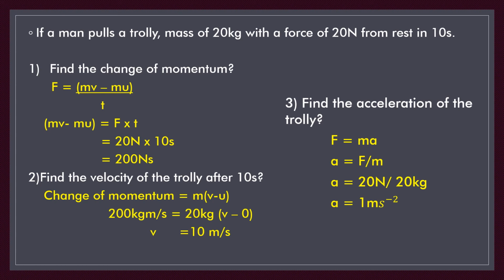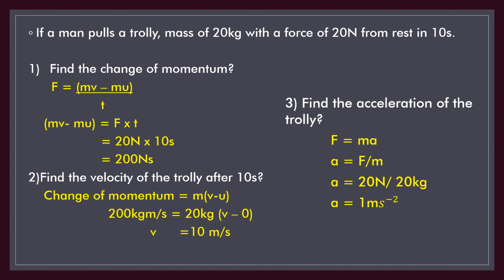We can rearrange this as mv minus mu, which is the change in momentum, equals F multiplied by t. So we get the answer as 200 newton seconds, or kilogram meters per second.